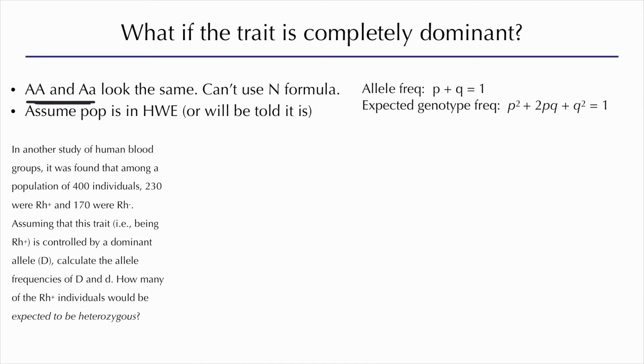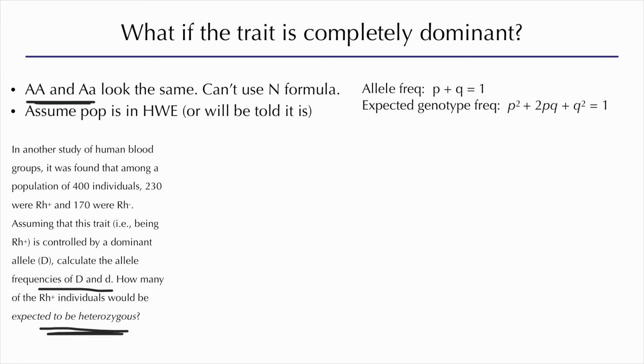All right, so here's another problem. In another study of human blood groups, it was found that among a population of 400 individuals, 230 were Rh plus and 170 were Rh minus. Assuming the trait is controlled by a dominant allele, as in Rh plus is big D, calculate the allele frequencies and how many Rh plus individuals you would expect to be heterozygous.